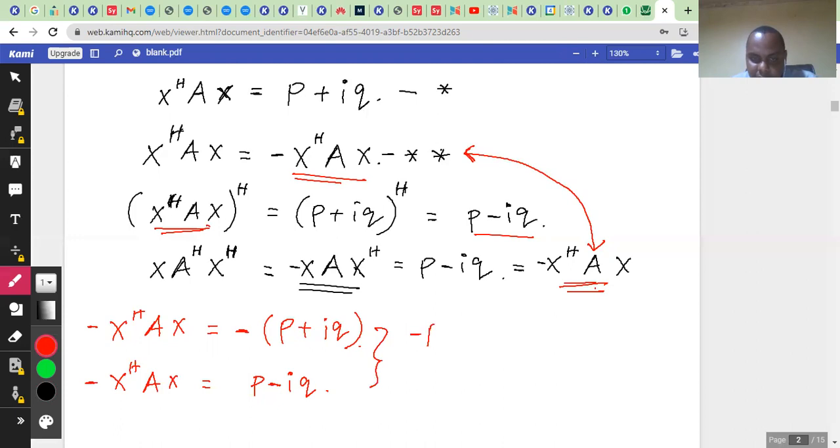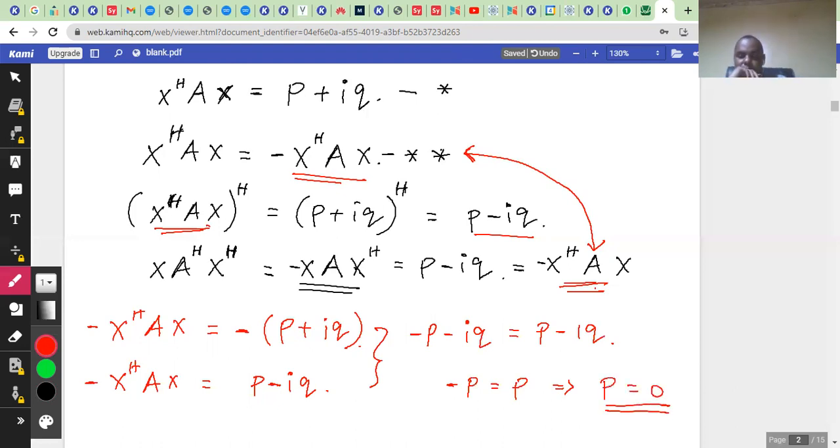So negative p plus iq must be equal to p minus iq, right? So this means that negative p equals p, right? And when can a negative number equal itself? It's only when that number is 0. So what did we find out?